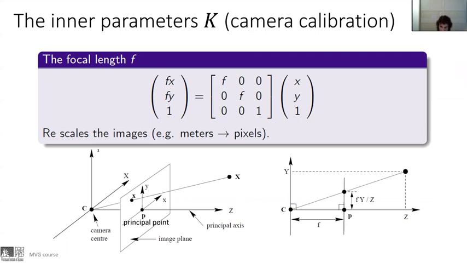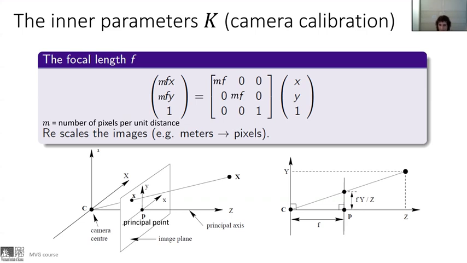Okay, this is one thing. Actually, I would like to say that f rescales the images in the sense that I'm moving from meters to pixels. The way this is done is by introducing another parameter, which is called the number of pixels per unit distance. If I would like to move from length units to pixels, I multiply everything by m, like here.